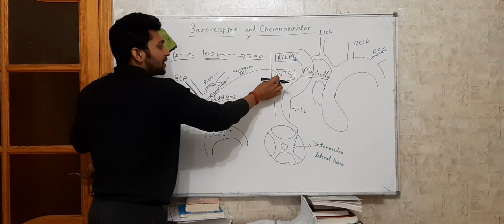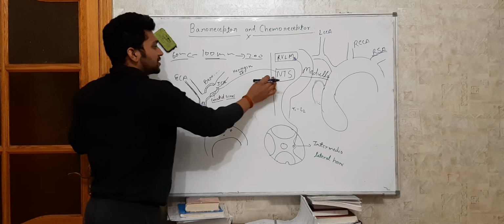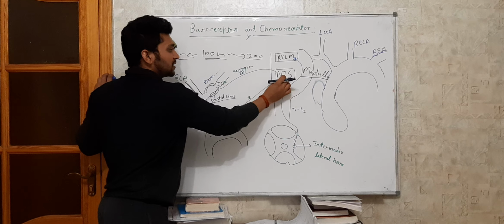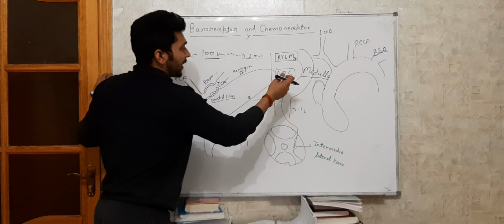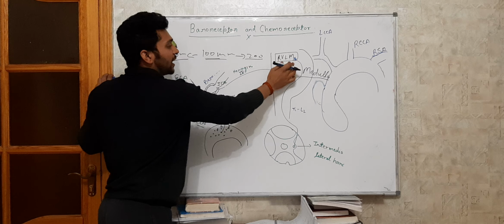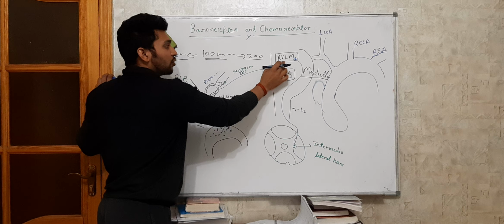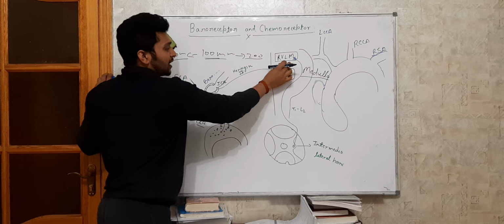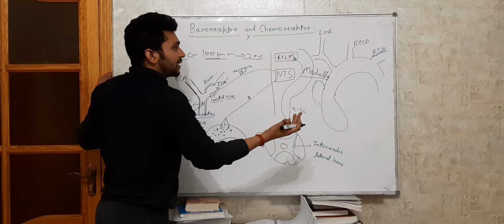And after the nucleus tractus solitarius is activated, it will give information to the RVLM, that means rostral ventrolateral medulla, also called the vasomotor center.